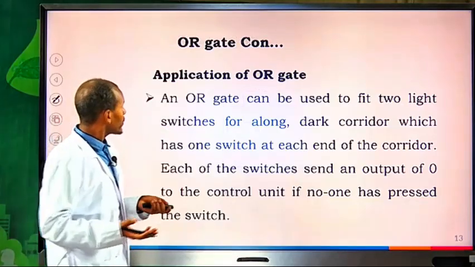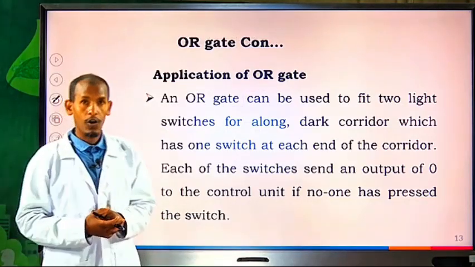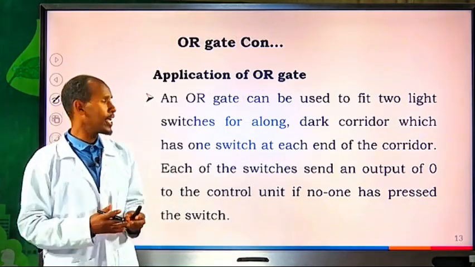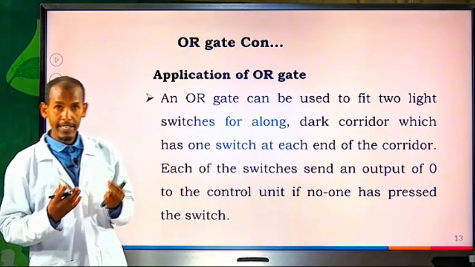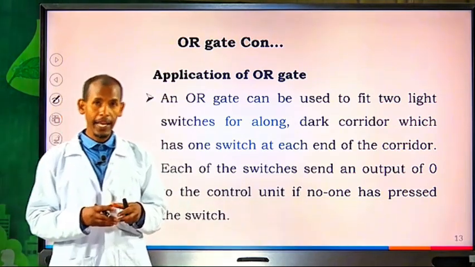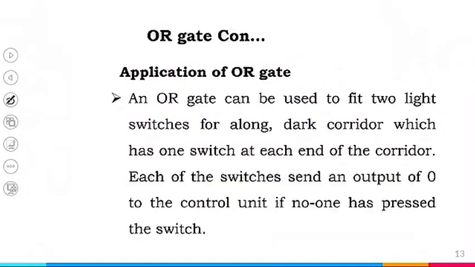So what is the application of OR gates? In most electronics, we can have an OR gate, but let's see one application. An OR gate can be used to feed two light switches along a dark corridor, which has one switch at one end of the corridor and one switch at the other end.